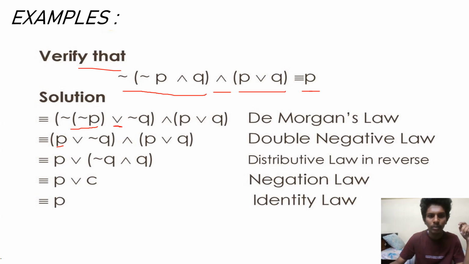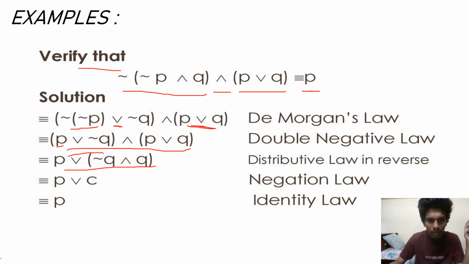Then negation P, then P or Q. And in the next step, P or negation Q, and P or negation Q. So it is in the distributive law. We have to apply the distributive law in reverse. So P once, see here, multiply P or negation P, we will get P or negation Q.